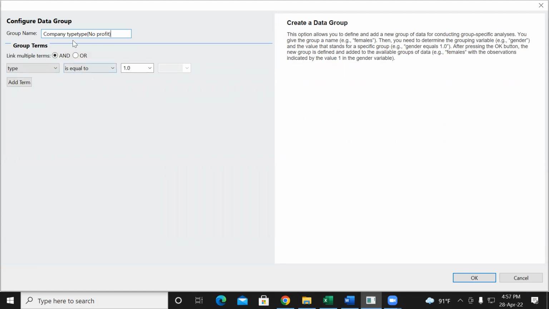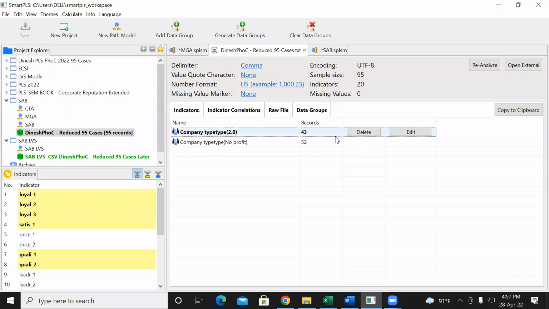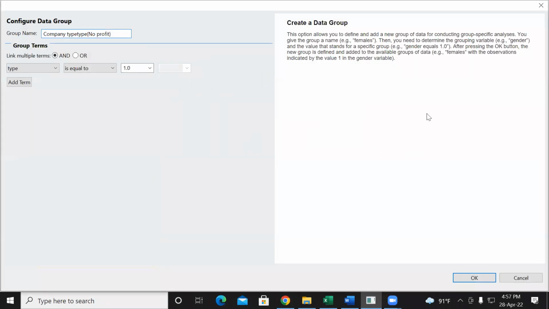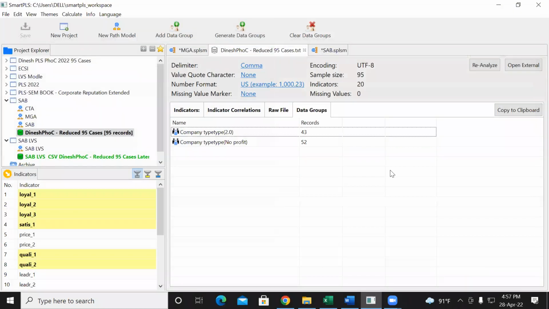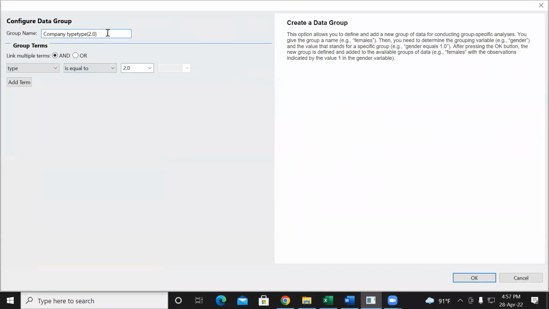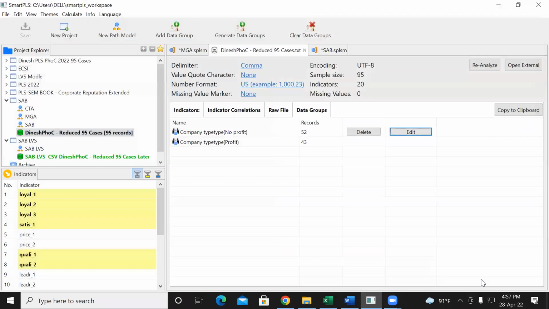Number 1 equal to no profit organizations. Okay. This one also I can edit. Sorry, not that one. This one. 2. Edit. Profit. That is 2. That is already decided.